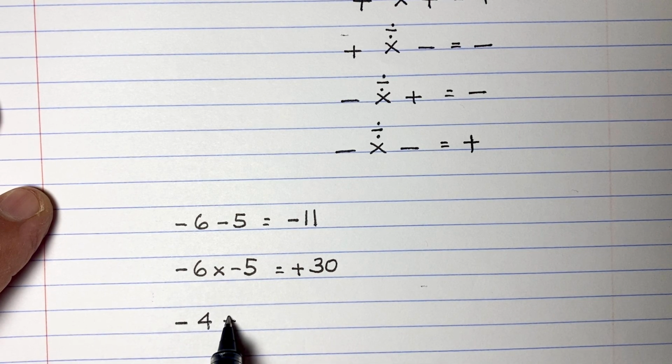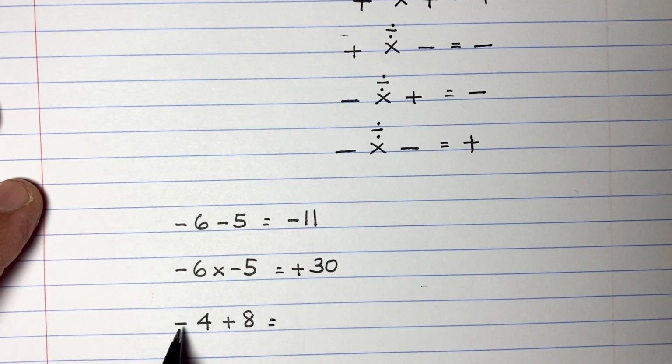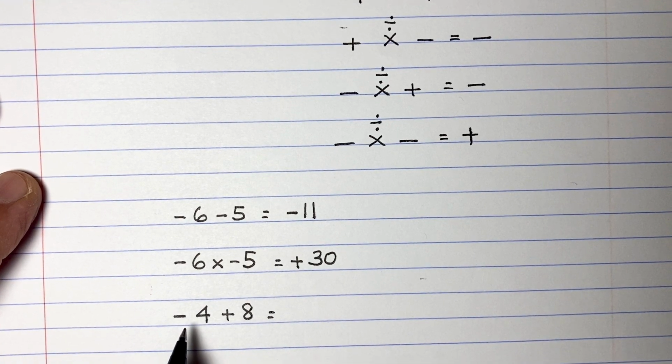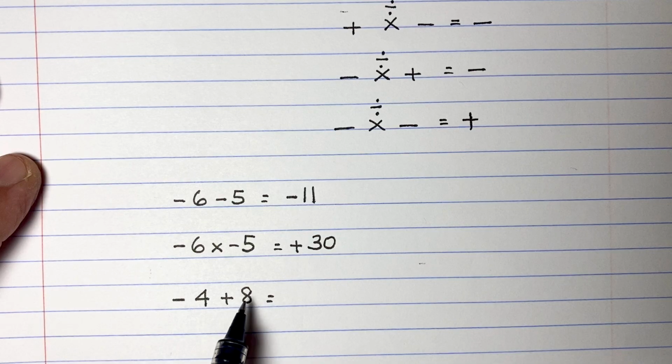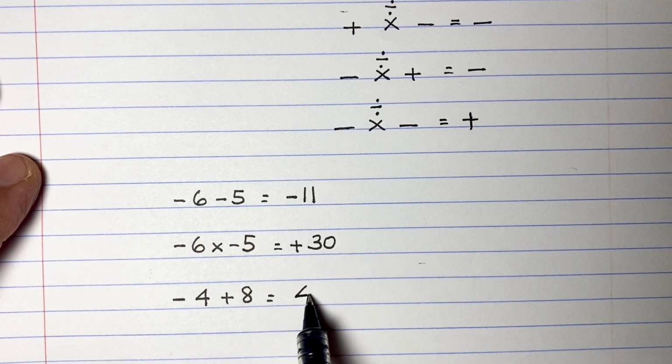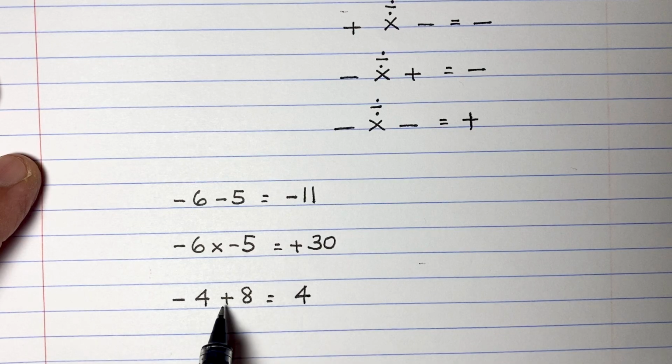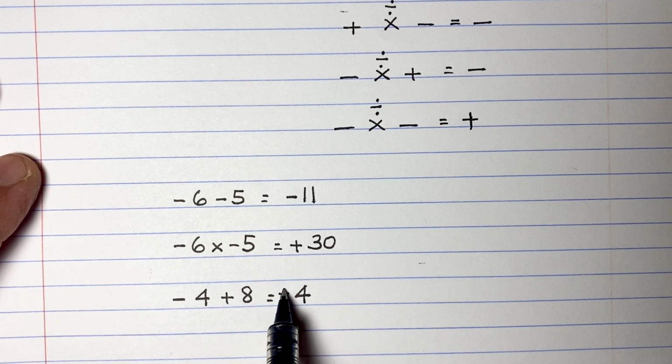-4 plus 8. Here I'm not multiplying, I'm not dividing. The signs are different. Find the difference of the two digits. Difference of 4 and 8 is 4. Bigger digit is plus or positive. So that positive goes for the answer.